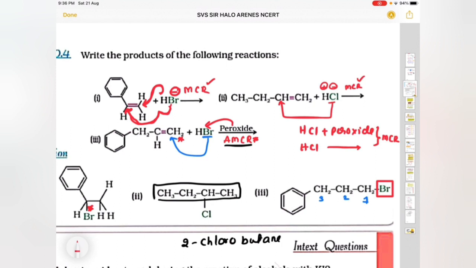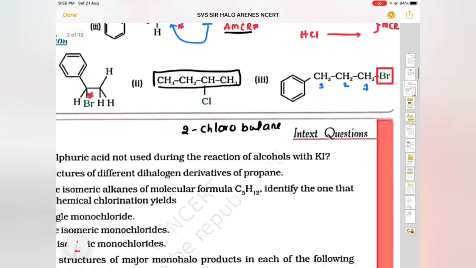So therefore we are getting 2-chlorobutane as the major product. Like this we have to answer this question. So this question will be very, very important.